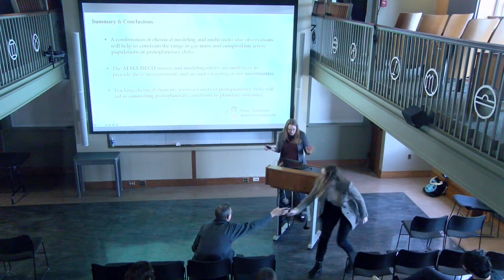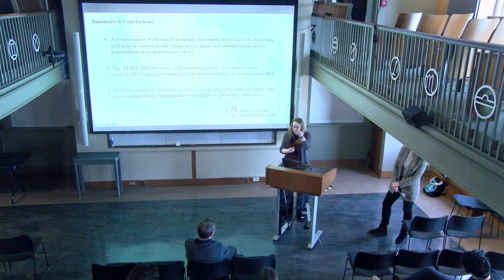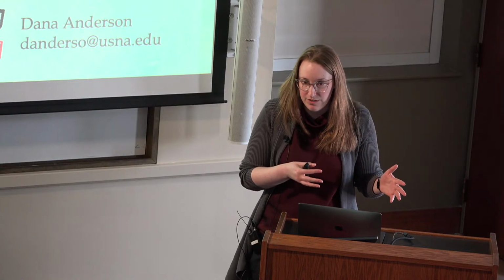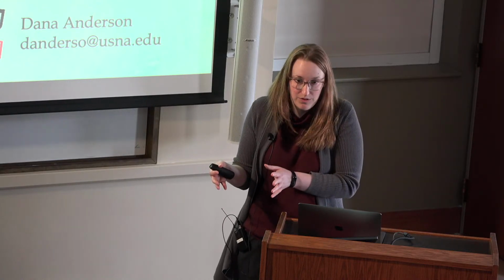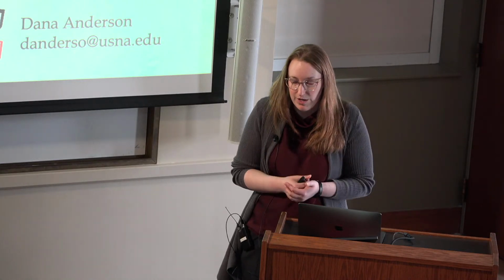So that brings up a lot of different questions. One being, as Karin Oberg suggested in some of her earlier work, looking at the C to O ratios of exoplanets and comparing that to the C to O ratio in different regions of the disk to say, does it match up with the location it's at now, or is it more consistent with one further out, suggesting that it migrated?